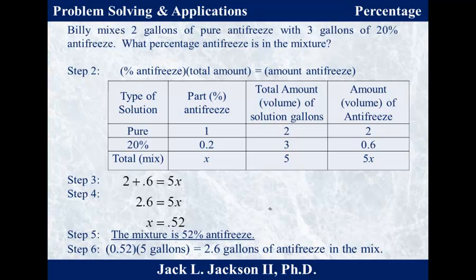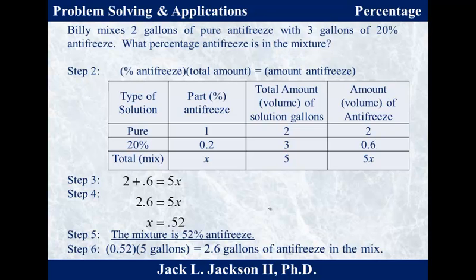So the total volume of the solution is 2 gallons of pure antifreeze and 3 gallons of the 20%, so that is a total of 5 gallons. Notice that total amounts add up, and the amounts of antifreeze add up as well, but the percentages don't add up, they average out. So again, it's very much like the slopes that we saw earlier in things like unit value, where the percentages, just like the unit values, do not add up, they average out.